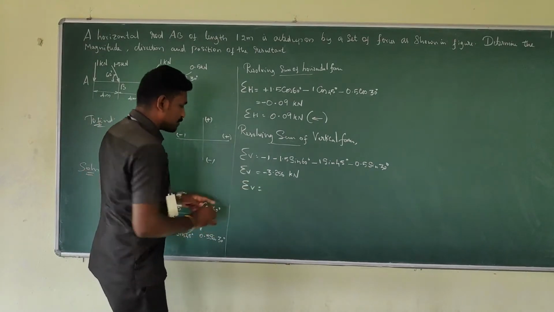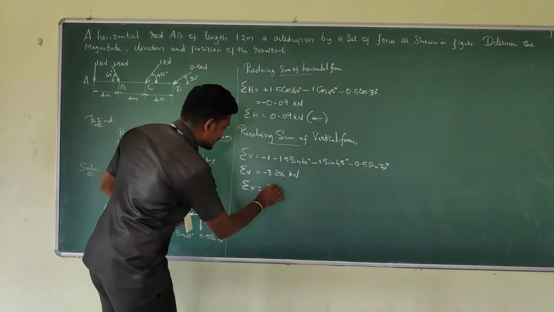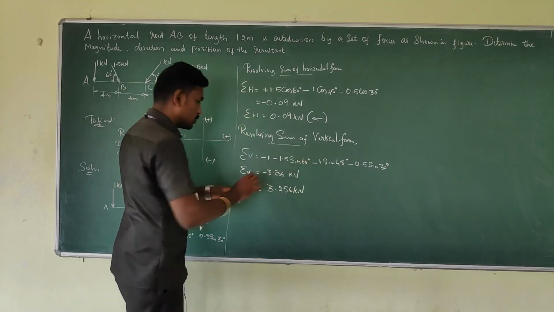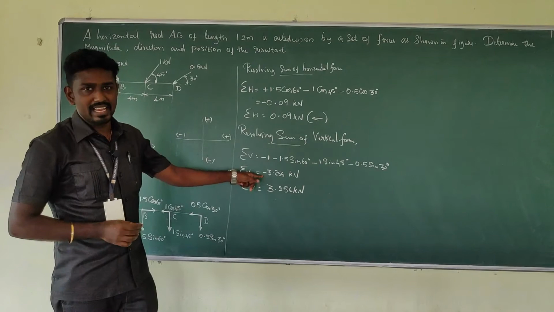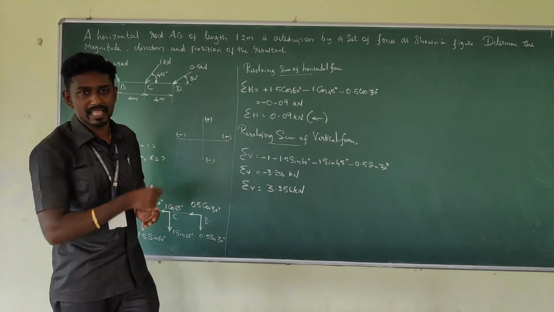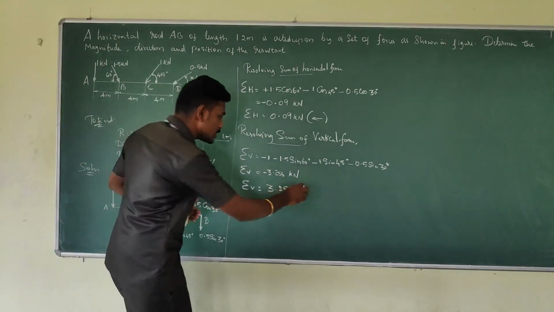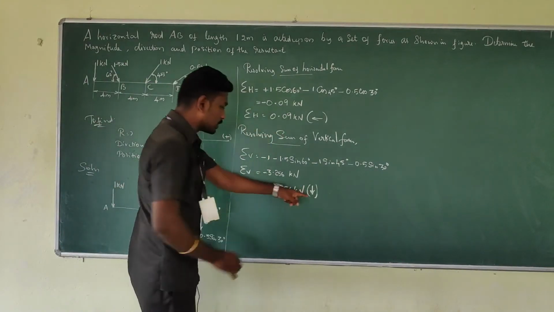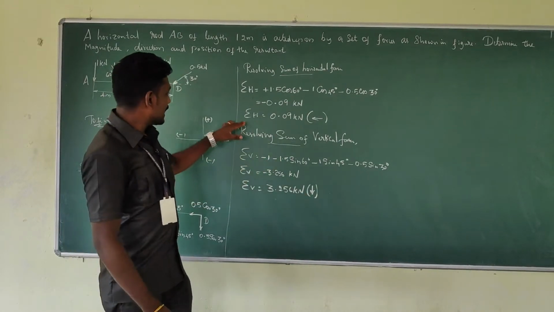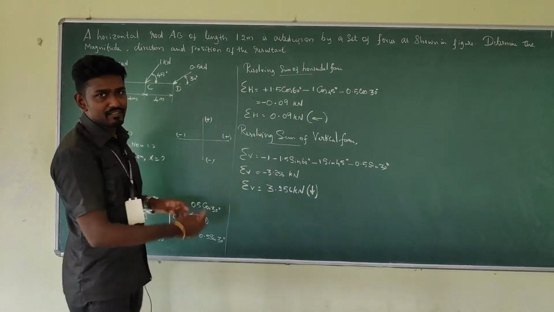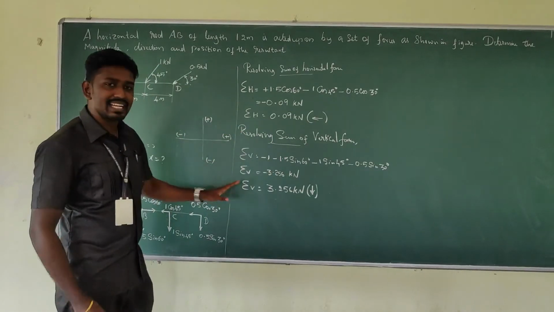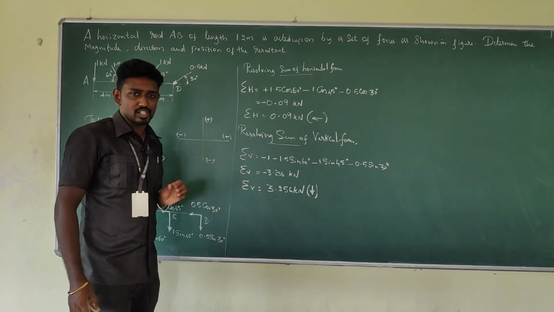So the sum of vertical force can be written as 3.256 kilonewton magnitude, and this negative sign says the vertical force is acting in the negative direction, that means downwards. So by removing the negative we can note it as downward force. Sum of vertical force is downward and sum of horizontal force is towards left, negative direction. What is the next step? Sum of vertical force and sum of horizontal force is known, right?